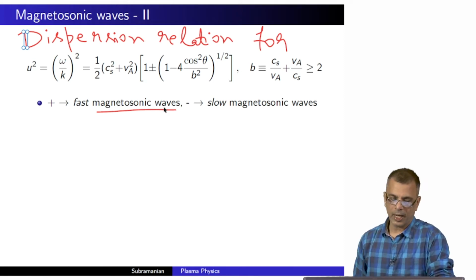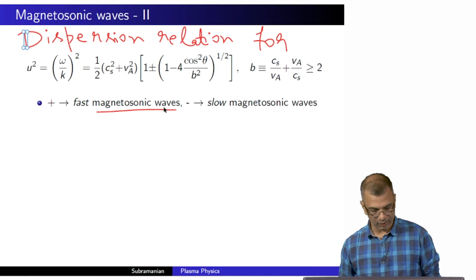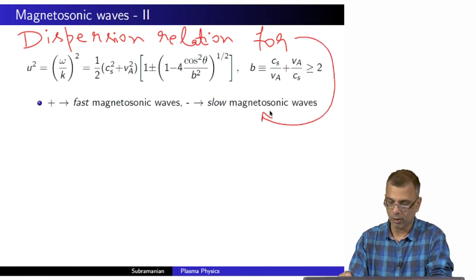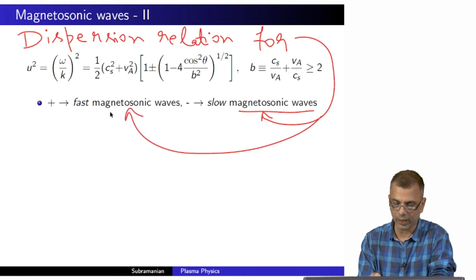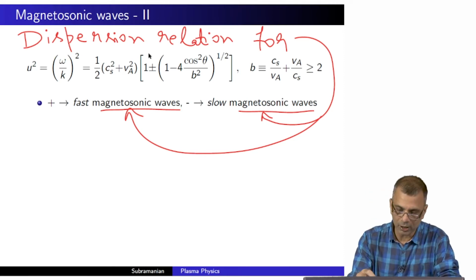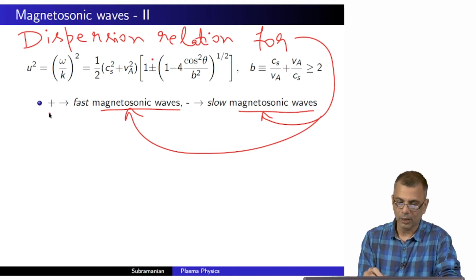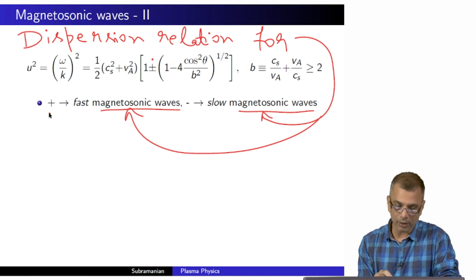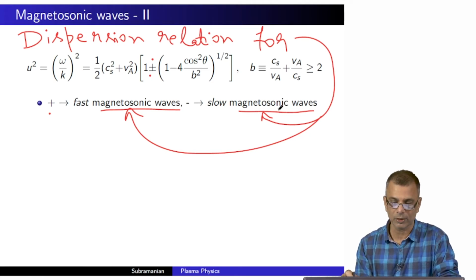Okay, and the other interesting thing is that for magnetosonic waves, so both kinds of magnetosonic waves, in fact, both fast and slow. So if you take the plus sign here, the plus branch gives you what are called fast magnetosonic waves, and the minus branch here gives you what are called slow magnetosonic waves.